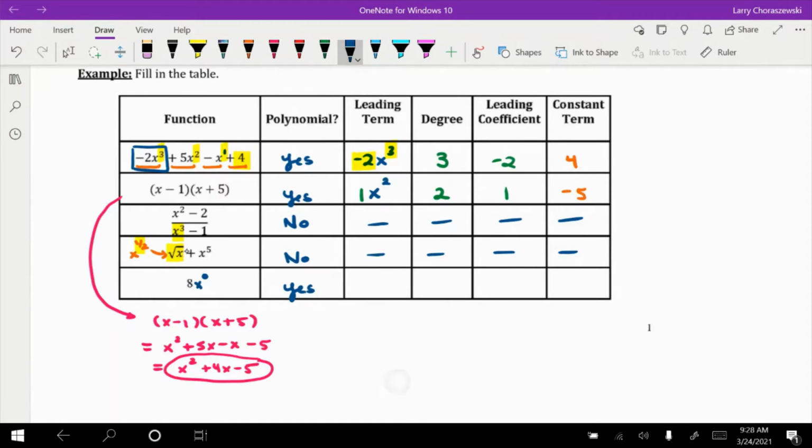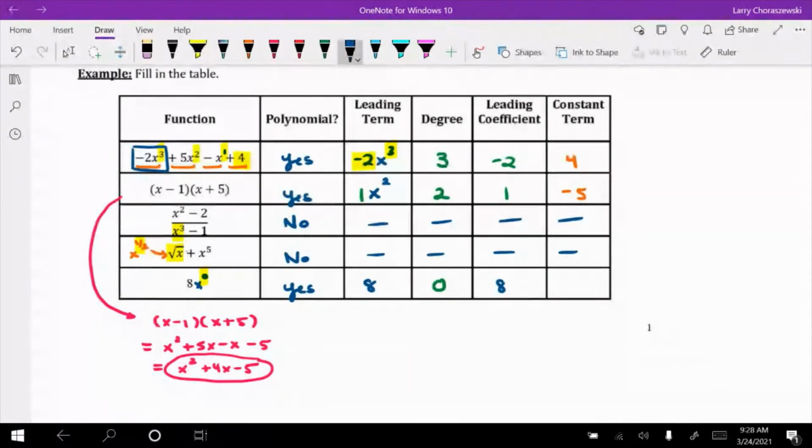And the leading term would just be 8. It's the only term. What do you think the degree would be? The degree would be 0. Okay, I'm getting that from here. The leading coefficient would be 8.